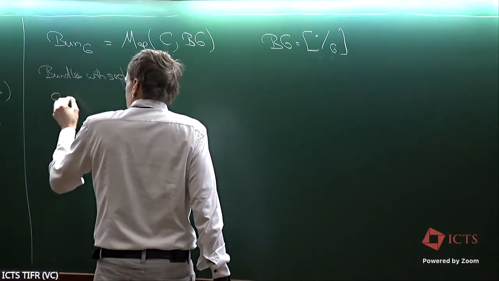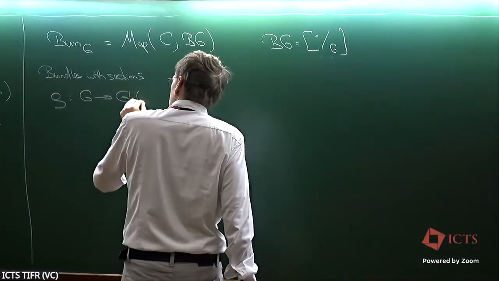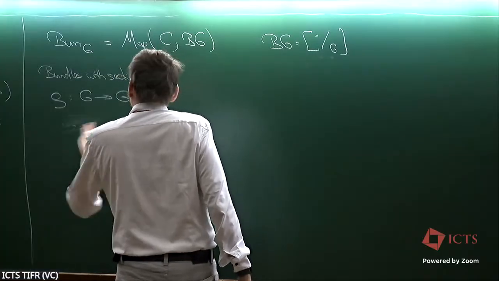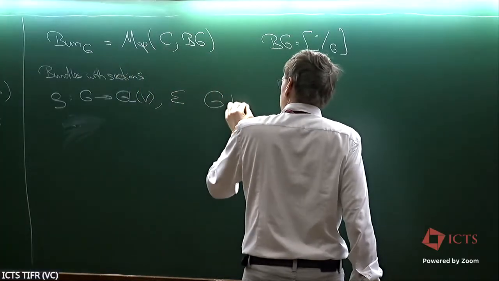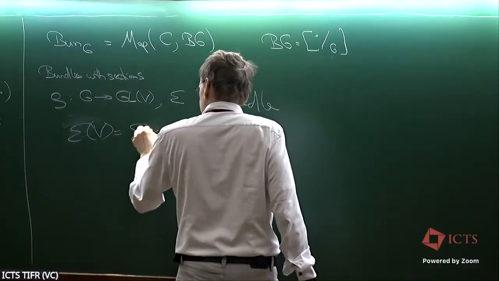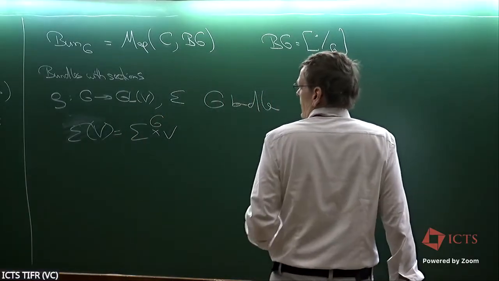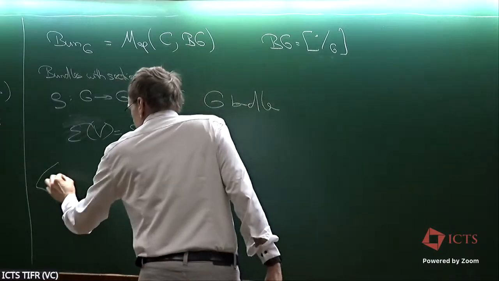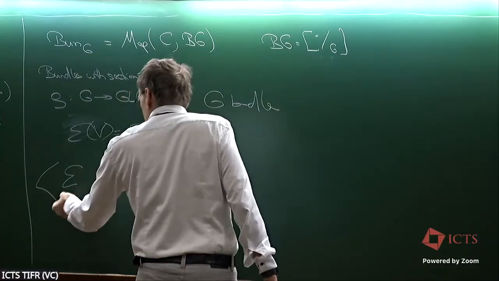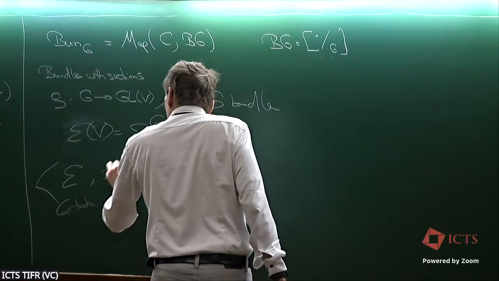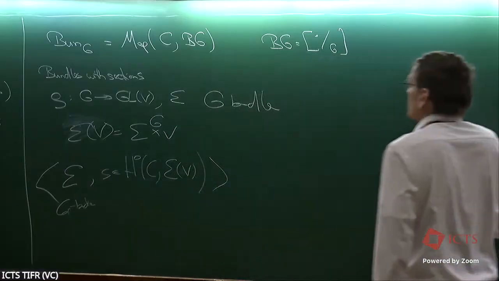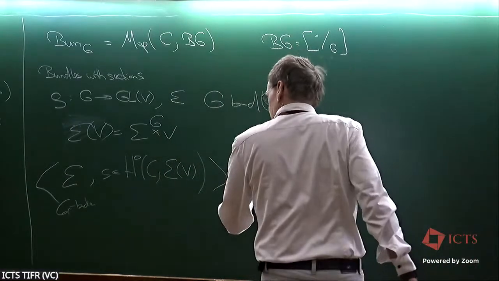If I take a representation V of my group, and E a G-bundle, then I will write E_V for the associated vector bundle. I would like to have the moduli problem that takes a G-bundle on C together with a section of the associated vector bundle. And how would you write this in this form?